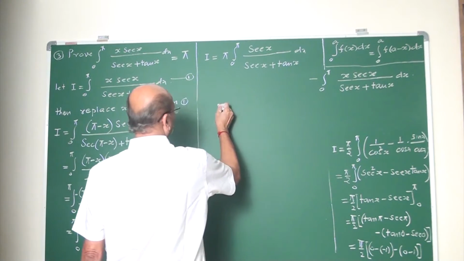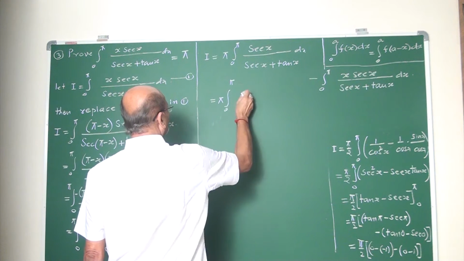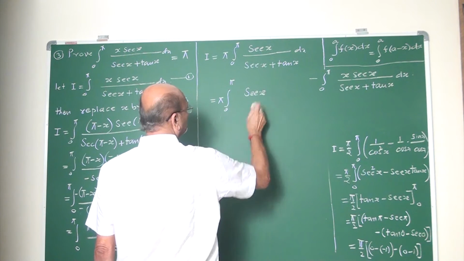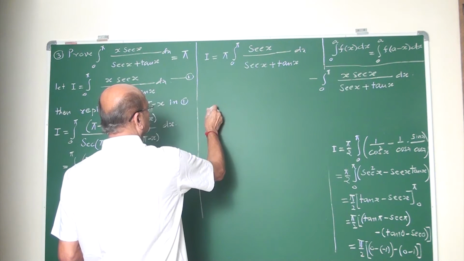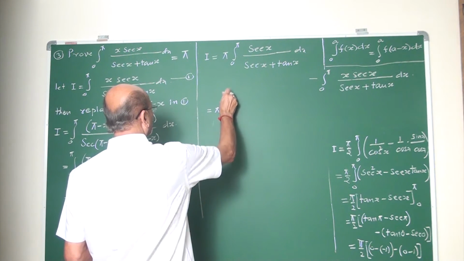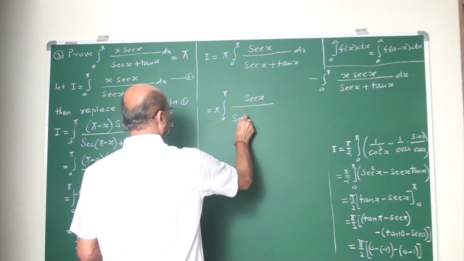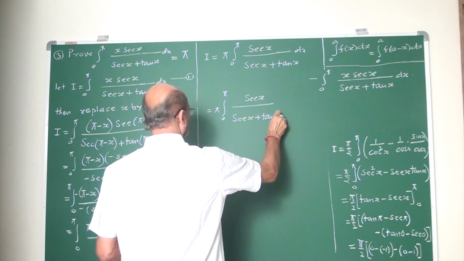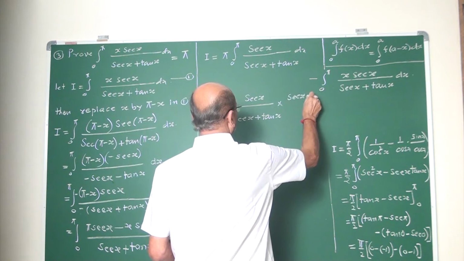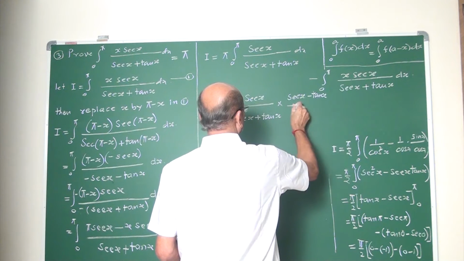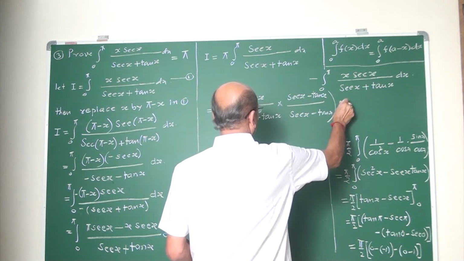Then you evaluate this: this is pi times the definite integral 0 to pi of sec x upon sec x plus tan x, multiplied in both numerator and denominator by sec x minus tan x, dx.